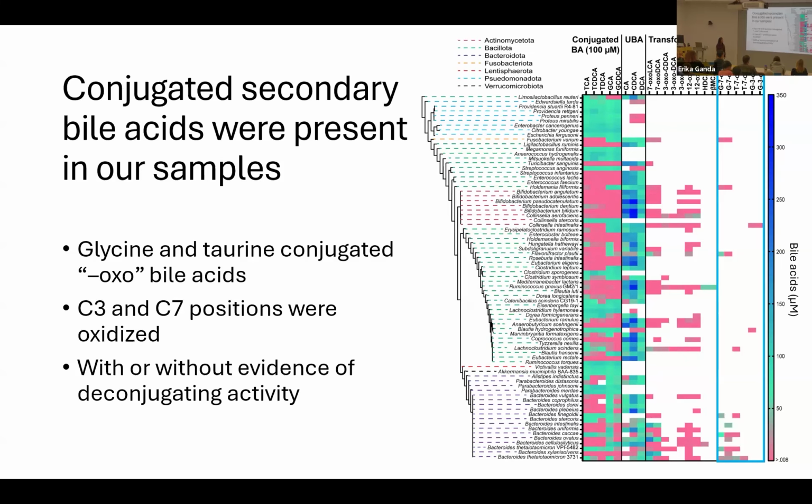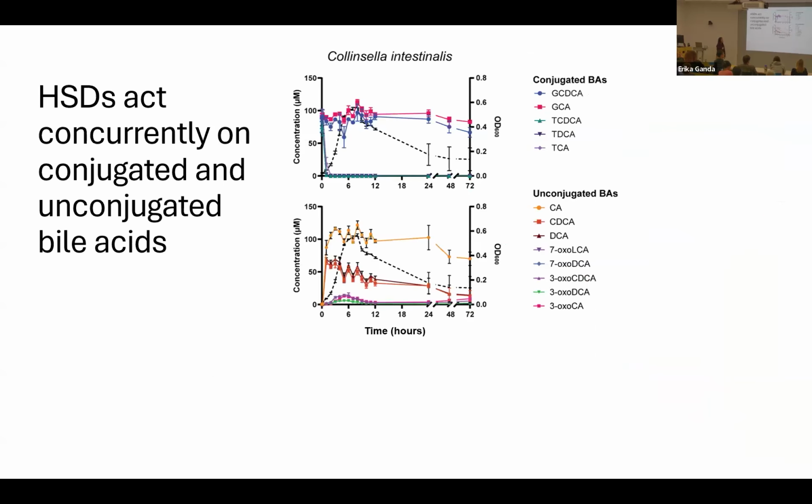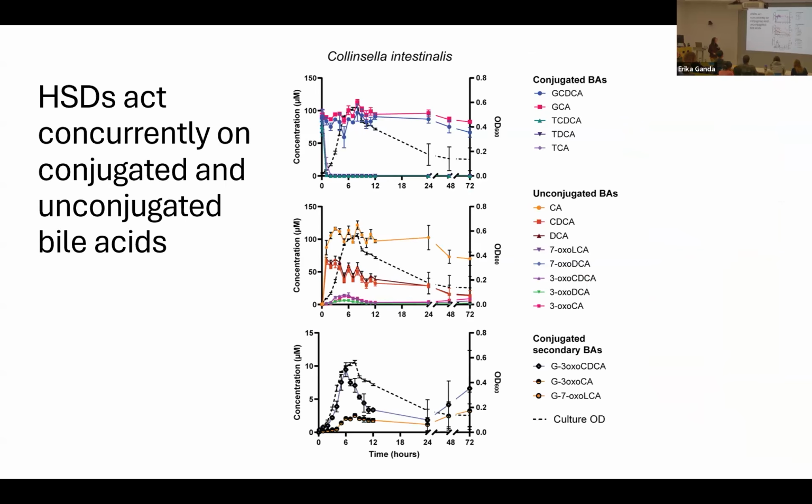I also went back into our monoculture data because reviewers, we submitted this paper in January, and reviewers were like, you found an exception to the rule with B theta. I was like, I don't think that's the case. What's actually happening, the data shows that HSDs are acting concurrently on both conjugated and unconjugated bile acids in our system.